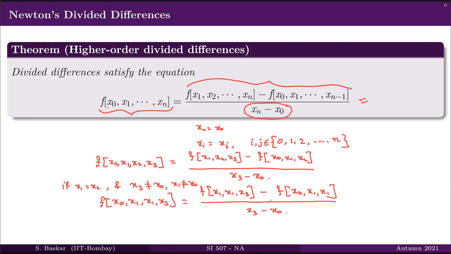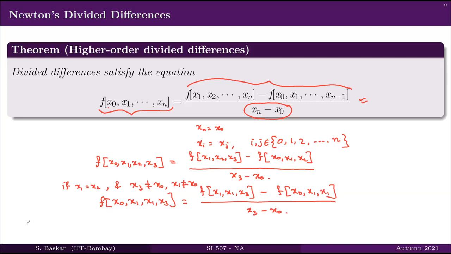It may look as if this formula is fine in such a situation, but it is not true, because we have learned that divided difference is symmetric with respect to permutations.